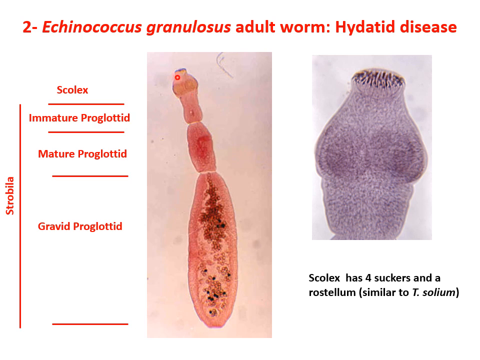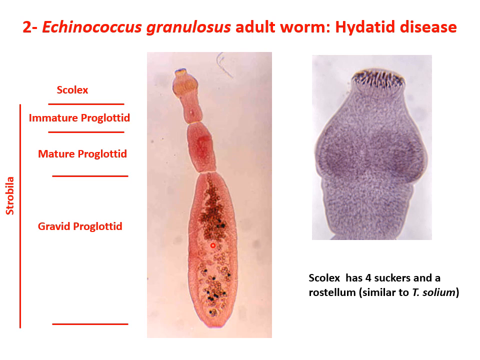If we look at the Echinococcus granulosus adult worm, we find a scolex that has the four suckers plus the double crown of hooklets making the rostellum. The scolex is followed by a small immature proglottid, then a second mature proglottid, and then the third gravid proglottid that is full of eggs, which liberates the eggs within the feces of infected dogs.